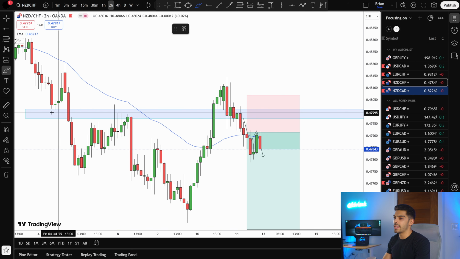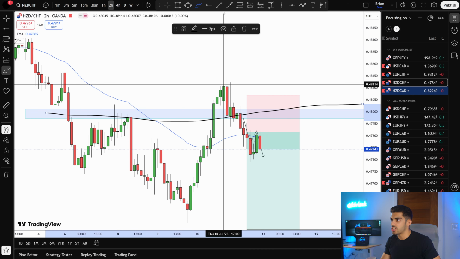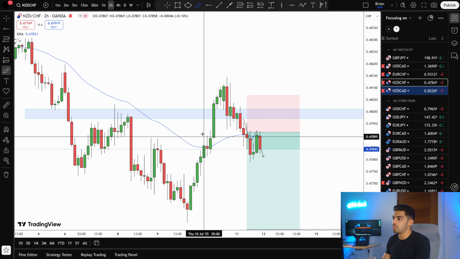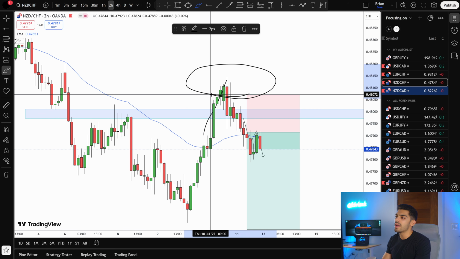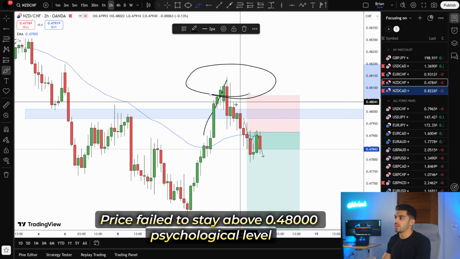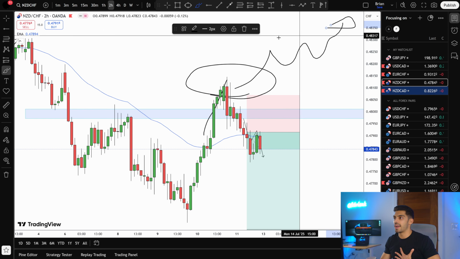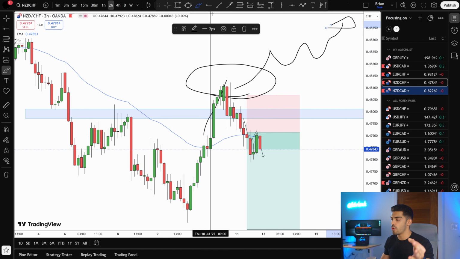So in this case right here, our key level was 0.48, which is a psychological level. Price basically broke outside of that, but then price showed resistance, which means it was not able to continue to trade above here, which for me is a clear sign that if it can't break 0.48, it's most likely going to continue down.